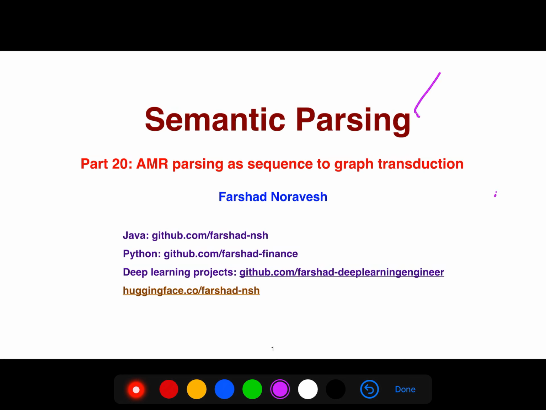There are many formalisms for semantic parsing, such as lambda calculus, and many of the lectures I've given until now. So I introduce AMR, abstract meaning representation, as another formalism.